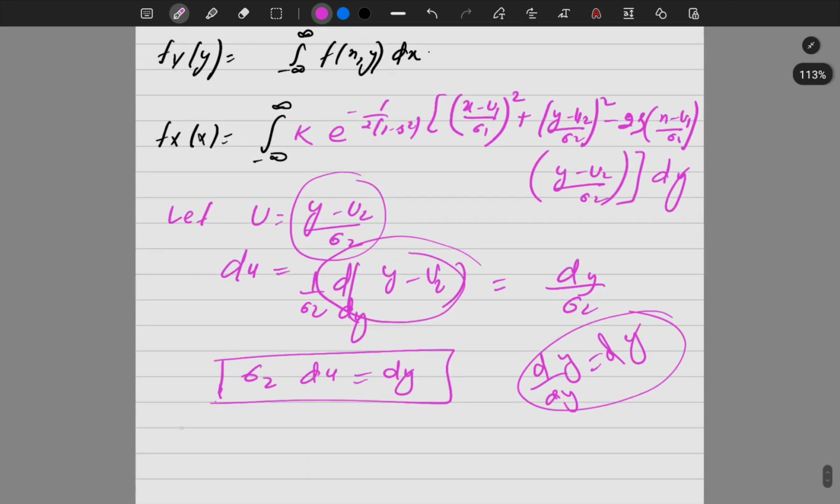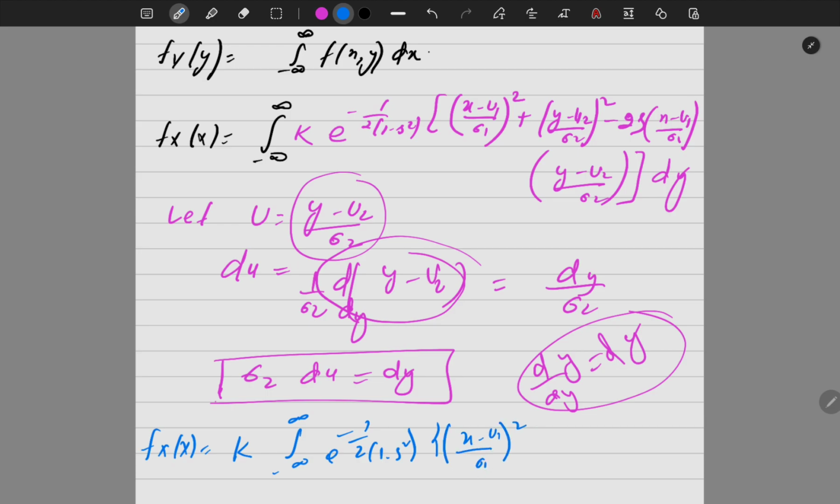So now f of x would be k, integral from minus infinity to infinity, e raised to the power minus 1 upon 2 into 1 minus rho square, x minus mu 1 upon sigma 1 whole square plus u square minus 2 rho u x minus mu 1 upon sigma 1. I hope you are getting this.